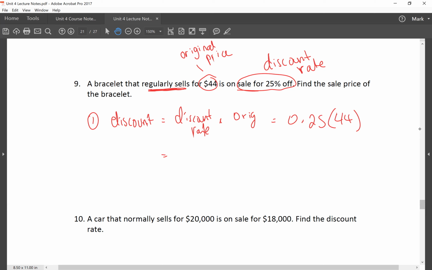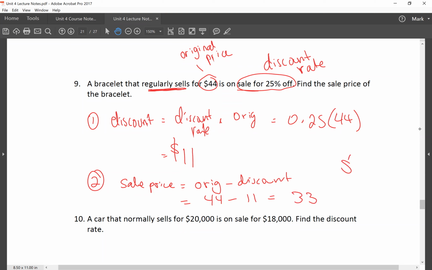And it's 11. So the discount is $11. That means my sale price, which is my original minus my discount, is my new price. 44 minus 11, $33.